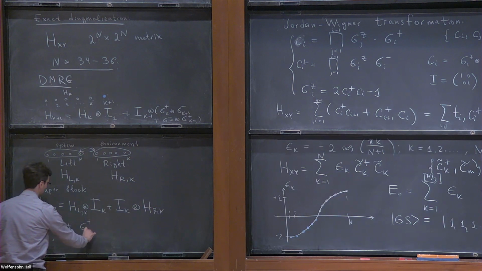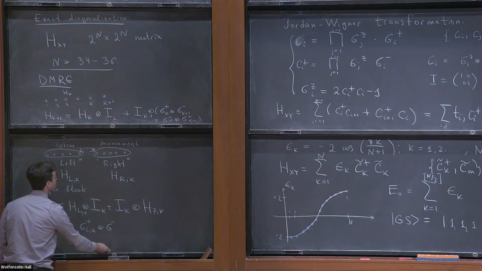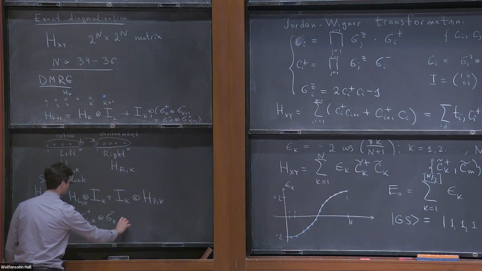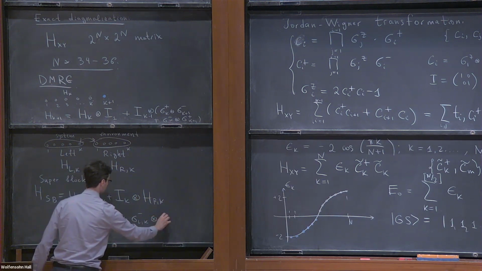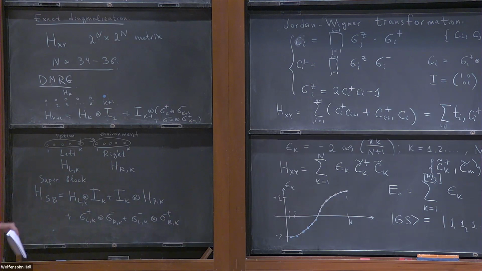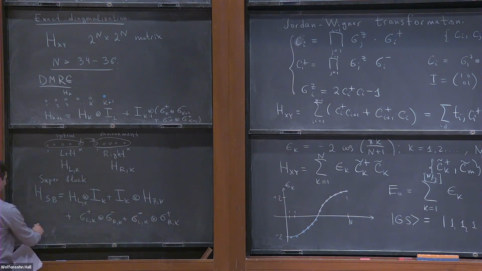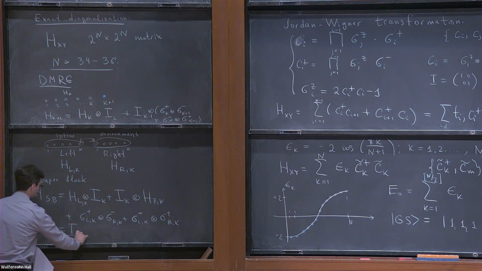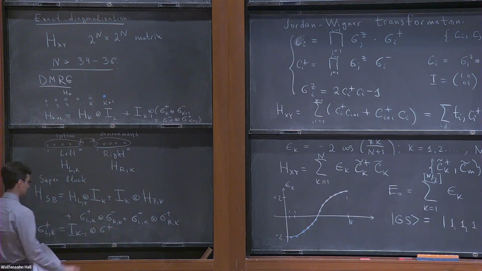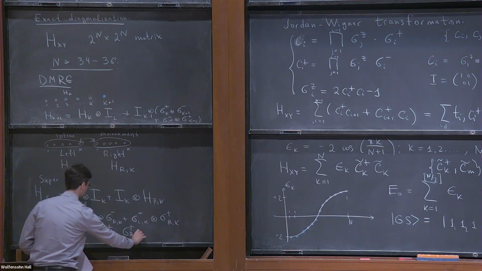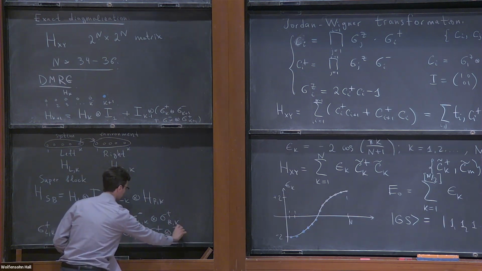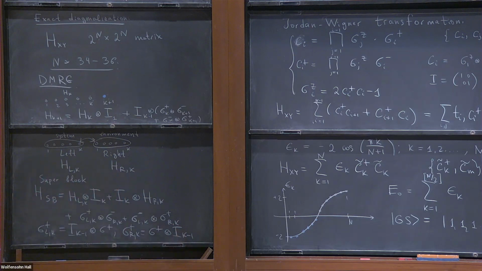So it's sigma plus left k times sigma minus right k, plus sigma minus left k times sigma plus right k. Where sigma plus left k is identity k minus 1 times sigma plus, and sigma plus right k is sigma plus. Like this.